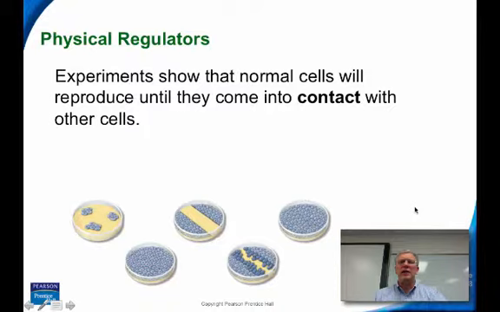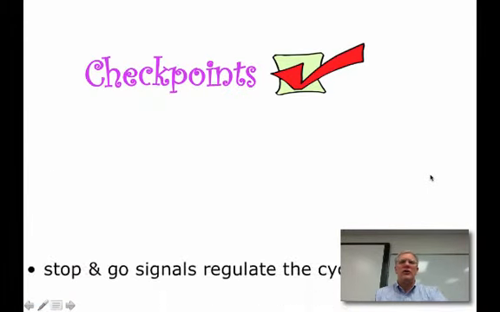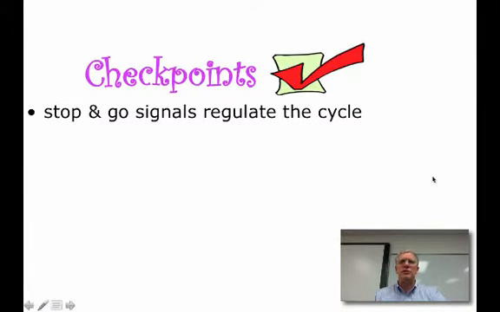So these three regulators, internal regulators, external regulators, and physical regulators, will determine when and how often cells will undergo mitosis and when they will stay in the G1 phase of interphase. All right, so some checkpoints before we move on.